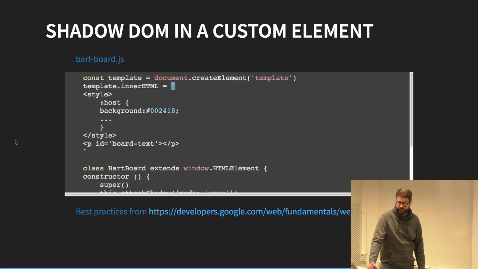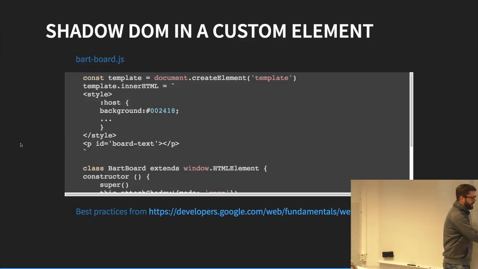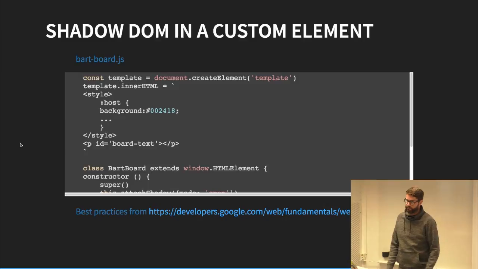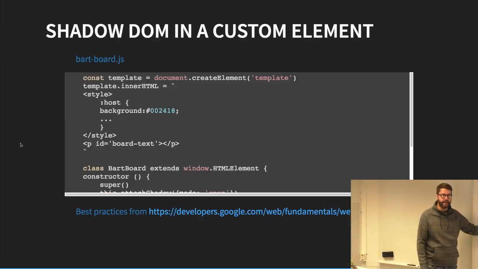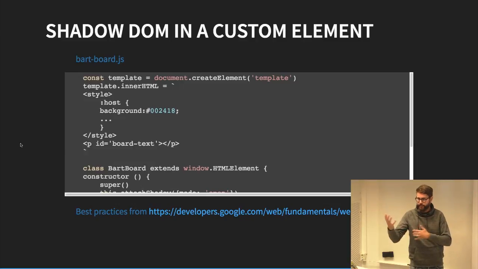So what I would like to do with this, which I haven't told you yet, is to solve the problem of writing HTML inside of JavaScript. The IDE will not recognize that this is HTML, so it will not colorize it and indent it in the code.